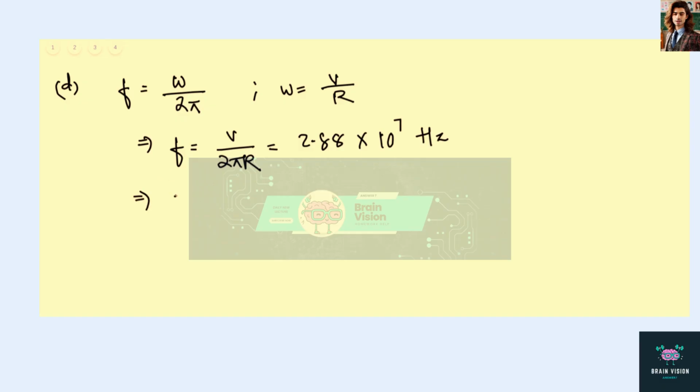And so omega will be equal to 2 pi f from this equation, and this is going to be equal to 1.81 times 10 to the power 8 radians per second. So for the last part, let's find the time period in the xy plane.